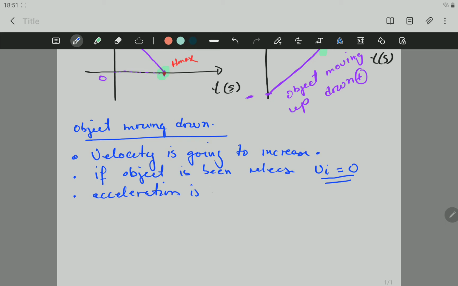The graphs are still straight lines. Okay? So now we're going to see an object moving down. Velocity is going to increase. If the object is being released, the initial velocity is 0 and the acceleration is constant. For our example, we're going to use an object that is being released, but it does not always need to be released.